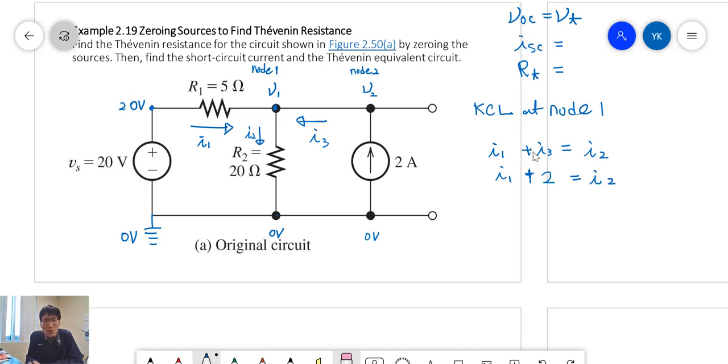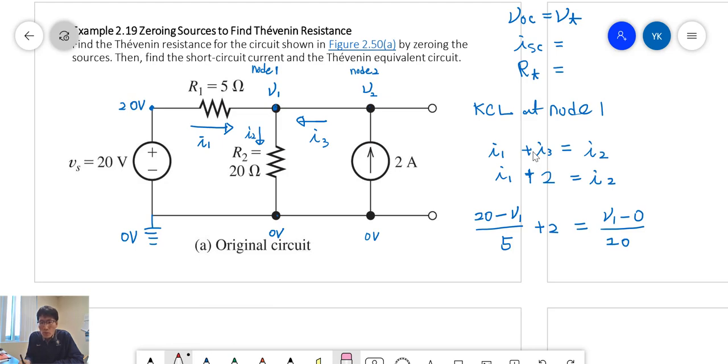Next, we need to express those using Ohm's law. I1 can be converted into Ohm's format: 20 volts minus V1 across the 5 ohm resistance, plus 2, equals I2 across the 20 ohm resistor: V1 minus 0 over 20 ohms. Now we have one equation with one unknown, so we can solve it.